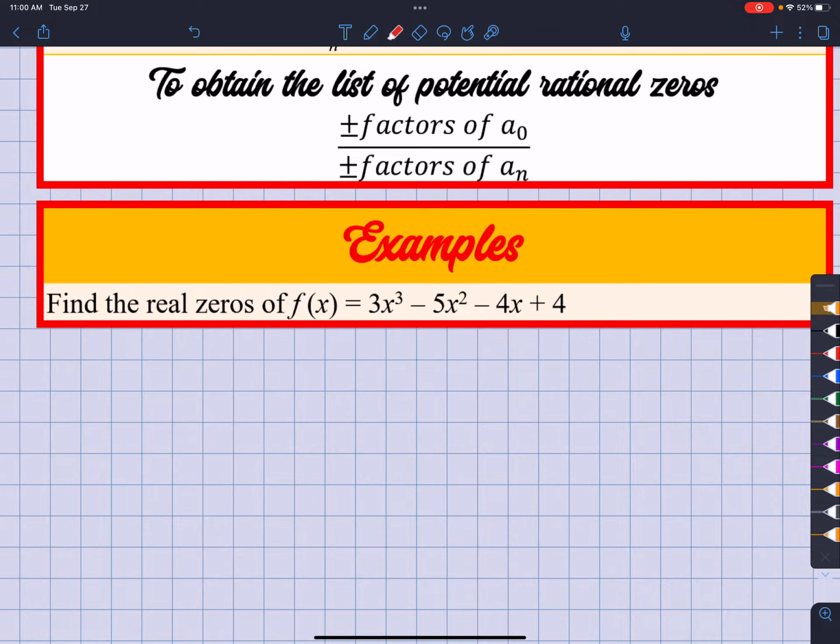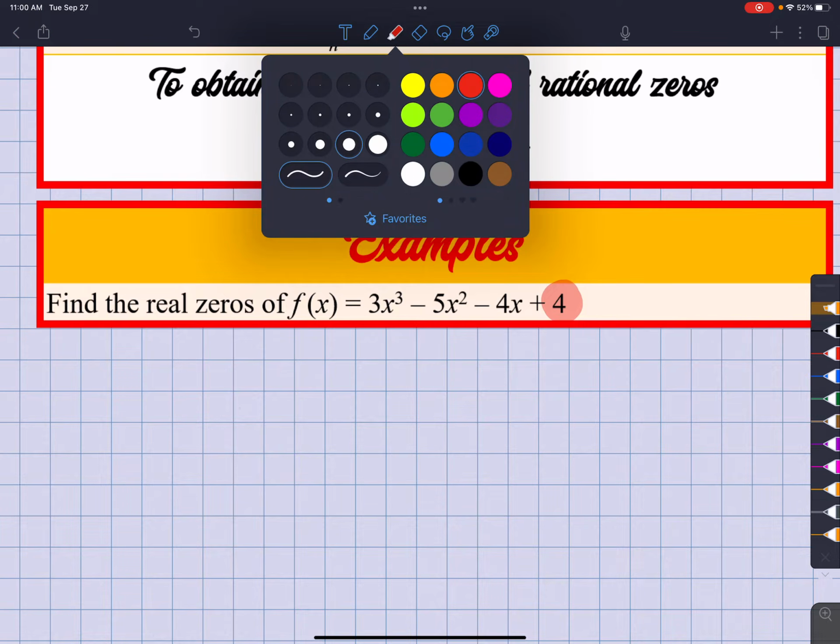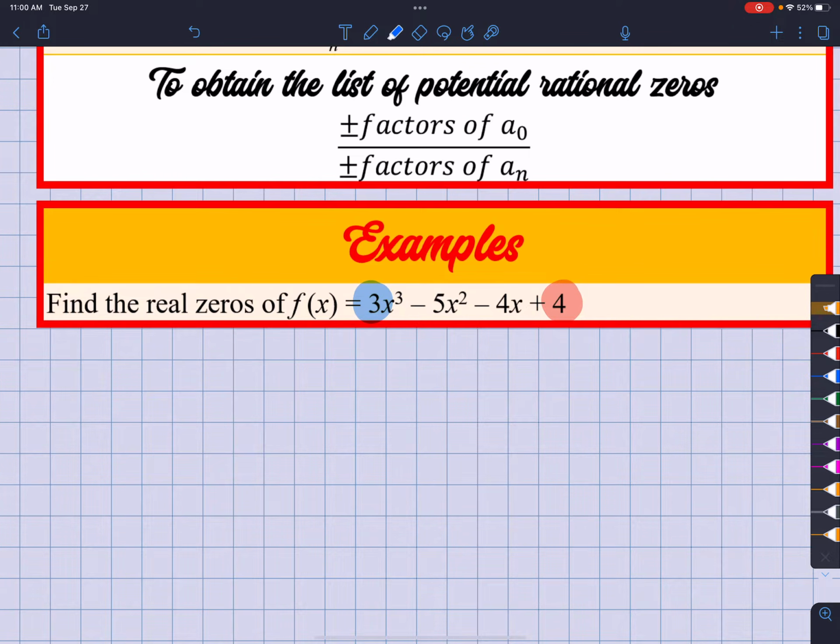Then I have to take the factors of the constant and put it over the factors of the lead coefficient. I got to find the factors of those.